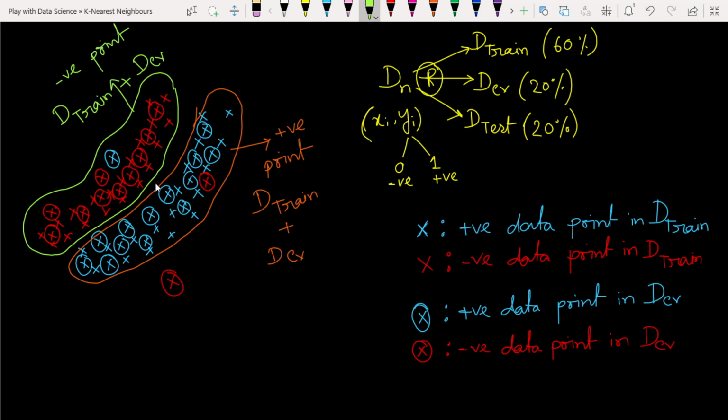These are the two regions we have got. Now just see this. What is the actual motto, why are we drawing this?